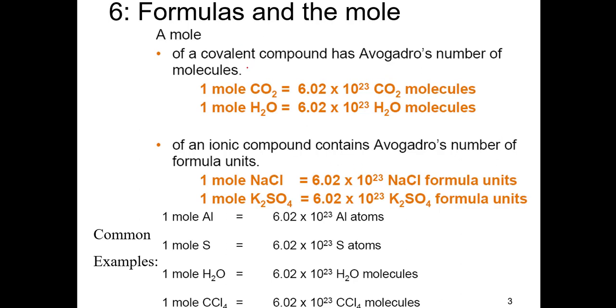We can also assume that 1 mole of any substance, even if they're molecules or formula units, so molecular formula, ionic formula, 1 mole of any substance will always be 6.02 times 10 to the 23rd. And it's written in this equality format, which allows us to do conversions.